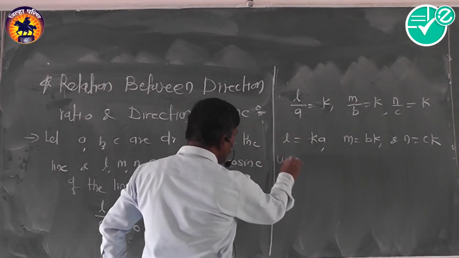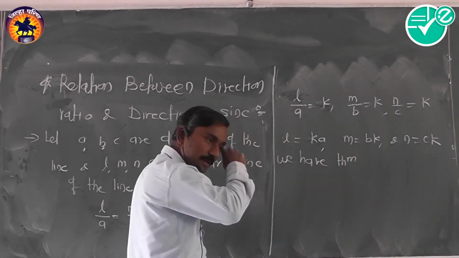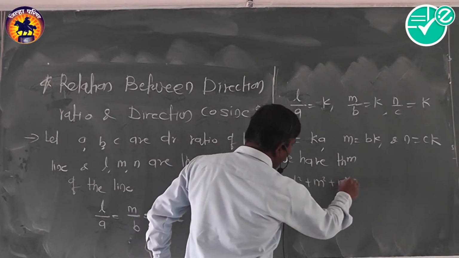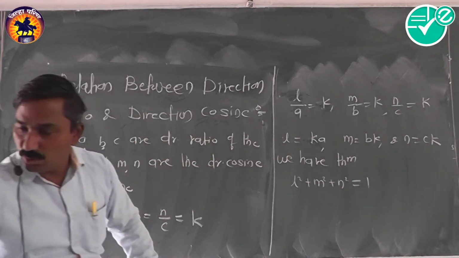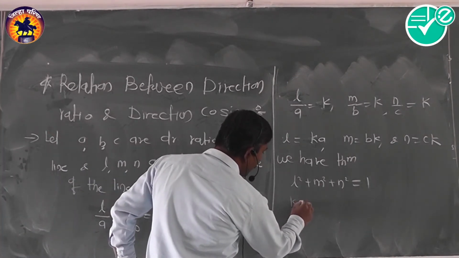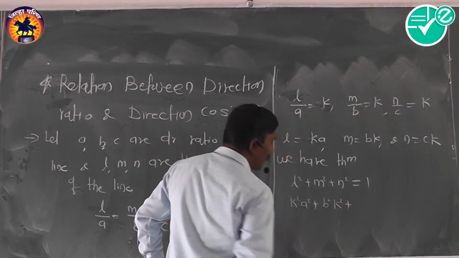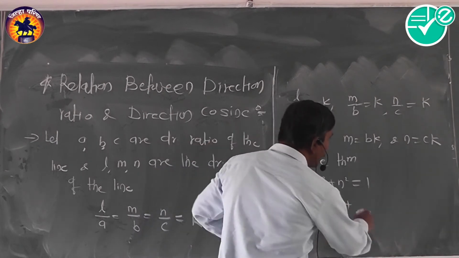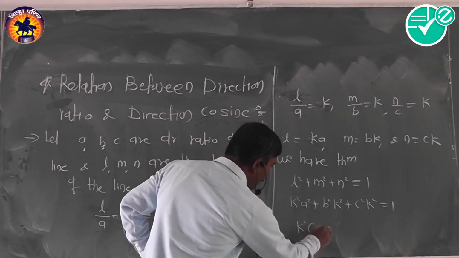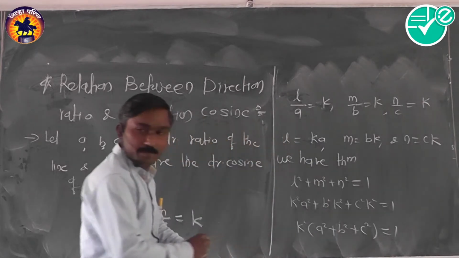Now we have a theorem that we proved earlier: l square plus m square plus n square is equal to 1. So we put in the values: k square a square plus b square k square plus c square k square is equal to 1. K square outside, a square plus b square plus c square is equal to 1.